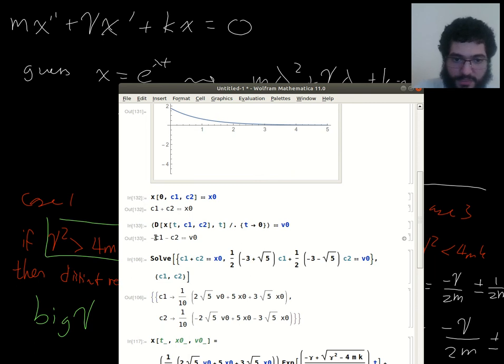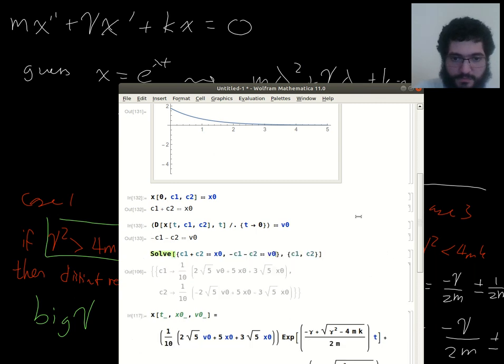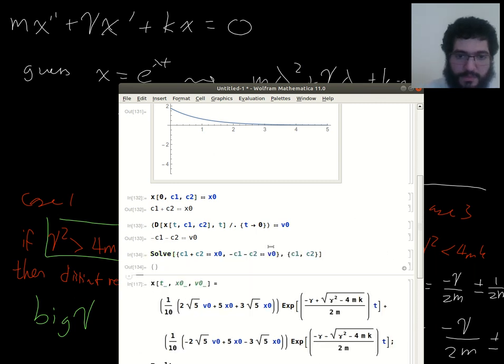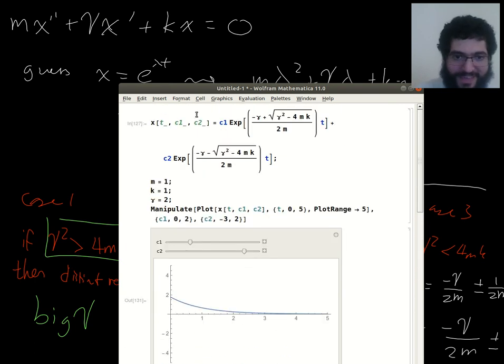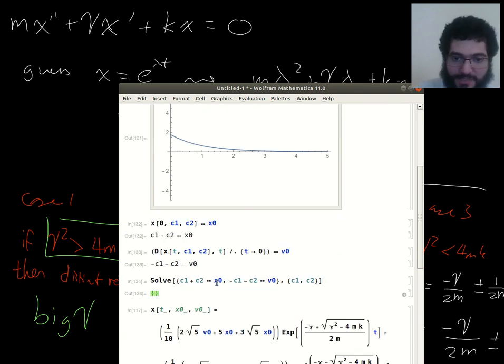So the first equation didn't change, it seems, but this one changed. Solve those. Aha, of course. In the critically damped case, this is no longer correct. So, okay, you see solving gave me nothing out.